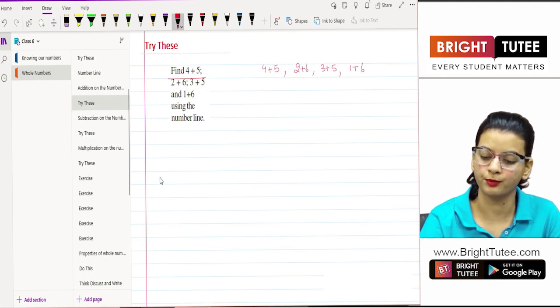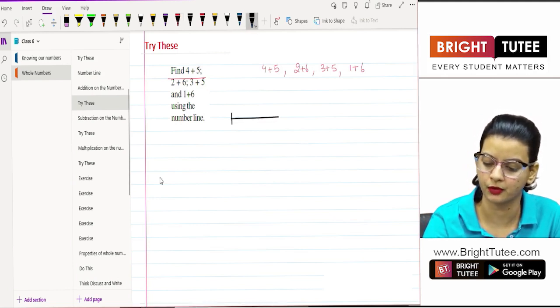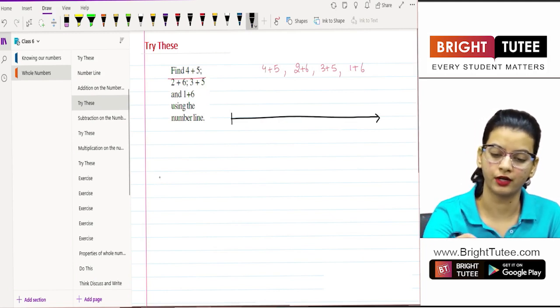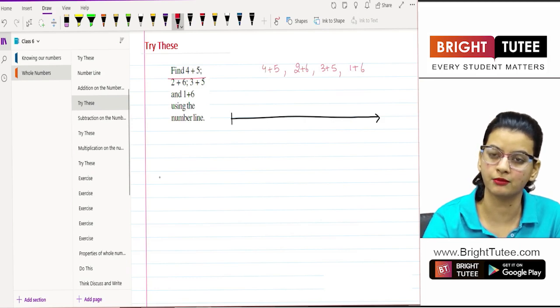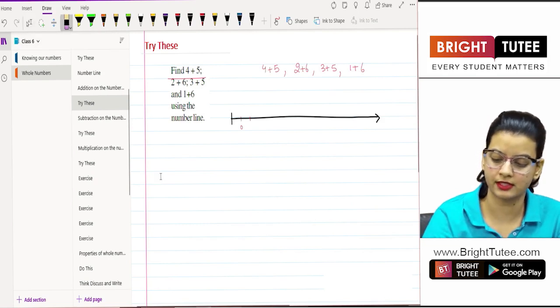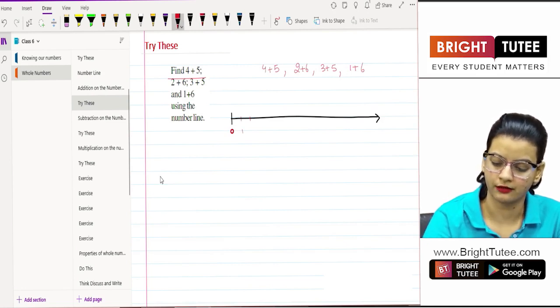So 4 plus 5. First I'm going to draw the number line. You can see the number line on your screen. Now I'll start marking these lines. The number line will start with 0. So I've got 0 over here. Then I've got 1, 2, 3.